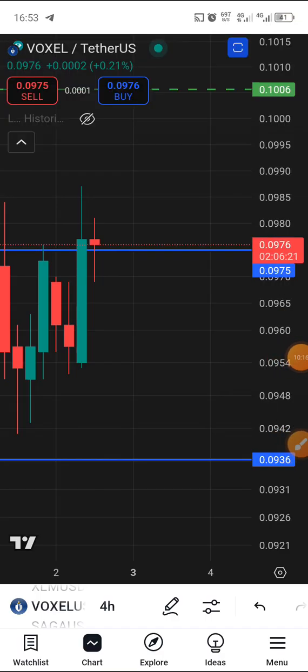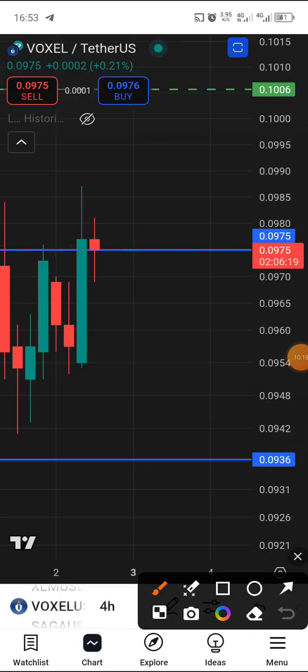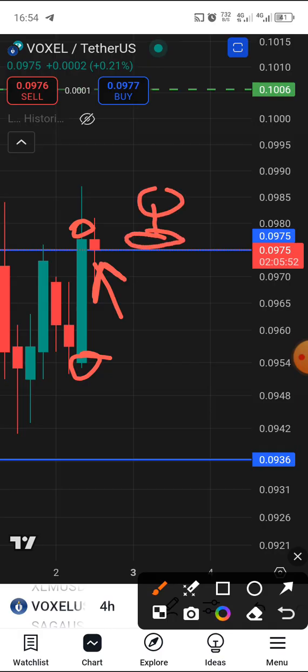So I told you that a breakout candle must open below your line and it closes above your line. And to find a confirmation that the prices are going to go either up or downwards, you have to focus on this second candle from the breakout candle. The second candle must open above your line and it closes above your line.